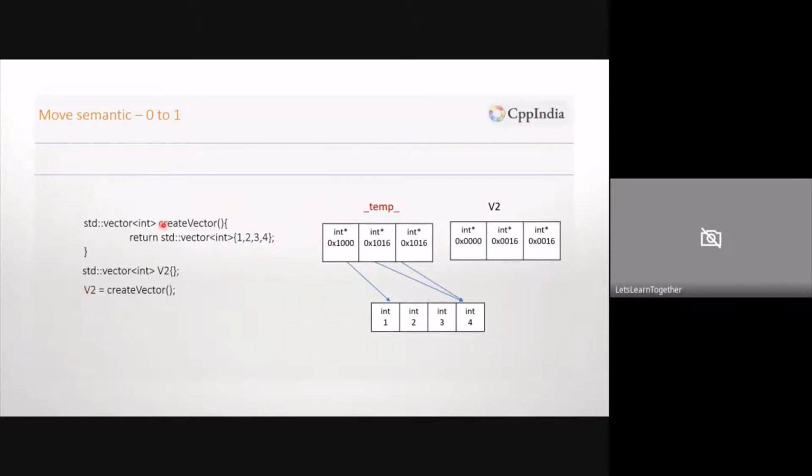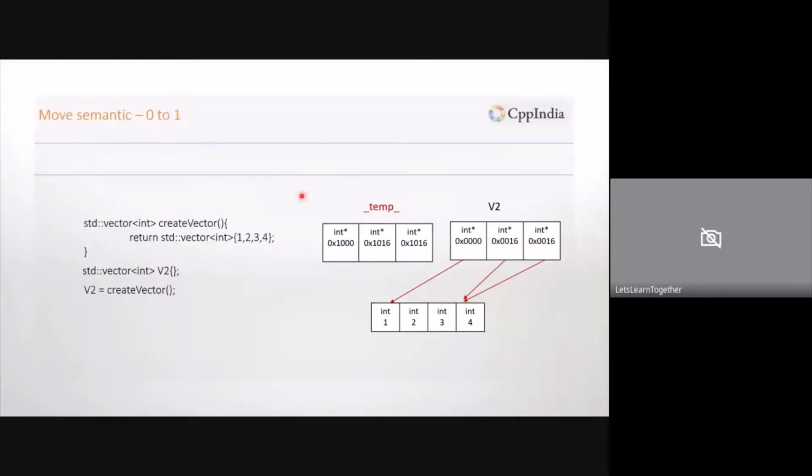This function call will create one temporary object, which will have some memory. We will not be able to access this temporary, so this is an R value. And when this assignment happens, all this memory will be allocated to v2 and temp will be deleted. This is what happens before C++11.